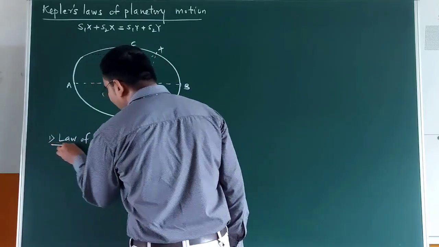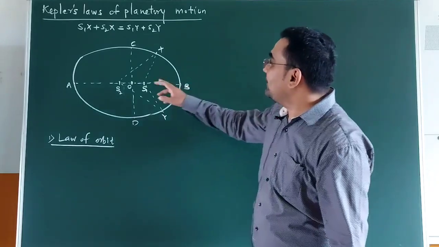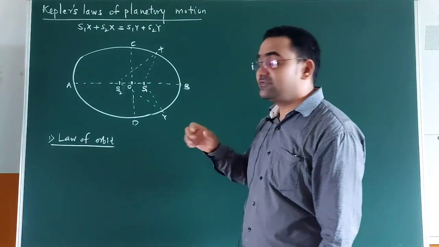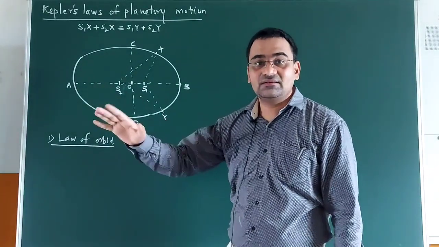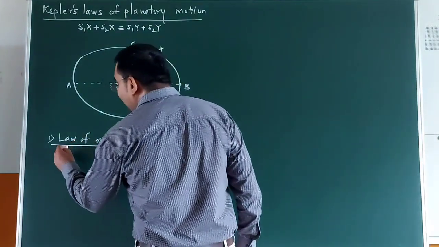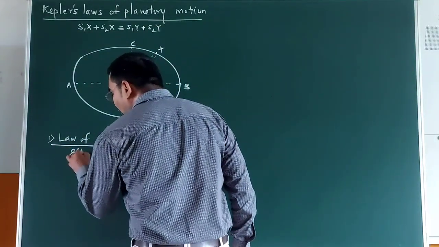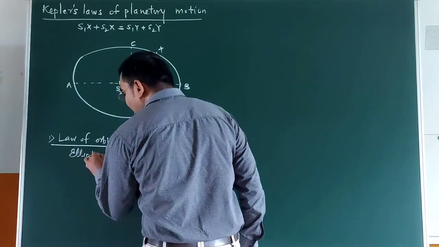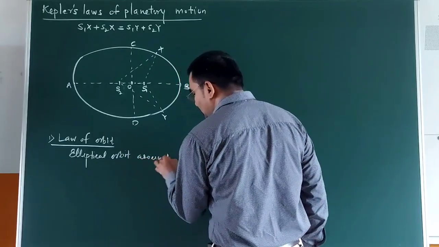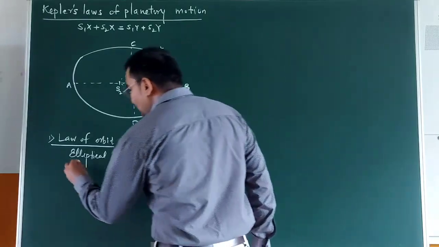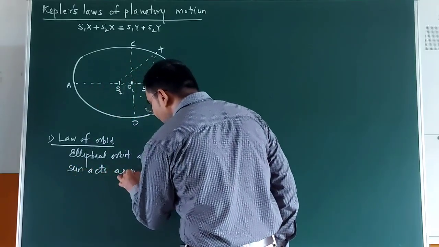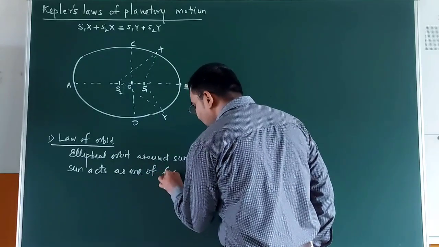Initially Newton was quite sure that planets revolve around the sun in a circular orbit, but Sir Johannes Kepler corrected the statement and gave us a very important assumption: all the planets are revolving in an elliptical orbit around the sun, and the sun acts as one of the foci of the ellipse.